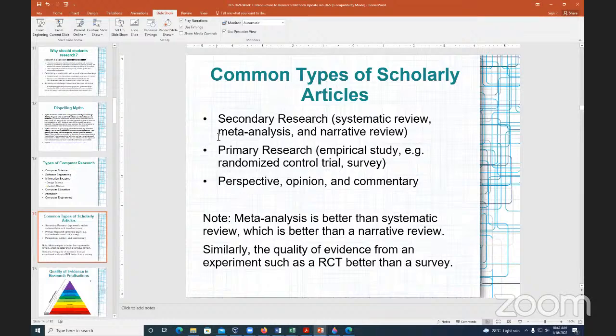Because that statistical analysis is better than the qualitative analysis of a systematic review, I comment here that a meta-analysis is better than a systematic review, and a systematic review is better than a narrative review. And then we have the primary research.